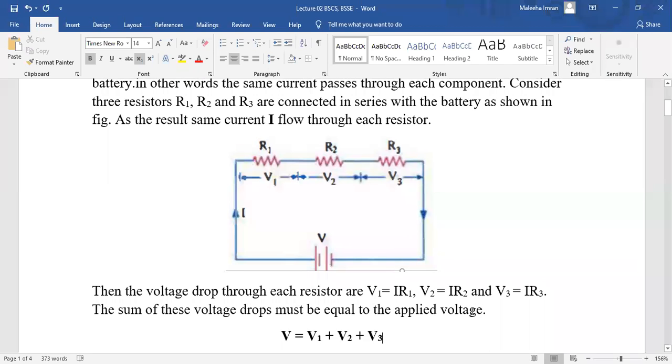So remember this formula: when a number of resistors are connected in series, the sum of the voltage drops across each resistor will be equal to the applied voltage.